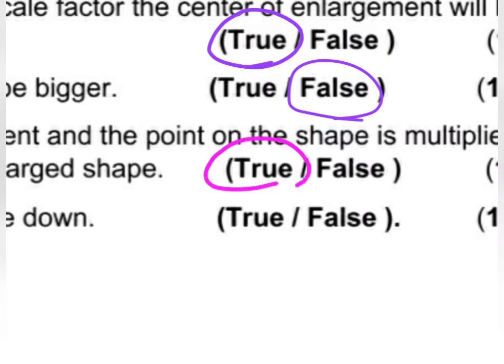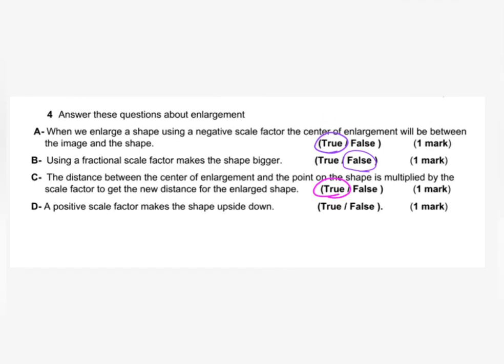Good. Now, the last one is, a positive scale factor makes the shape upside down. What do you think about this? Very good. This rule or this fact is one of the negative scale factor facts.